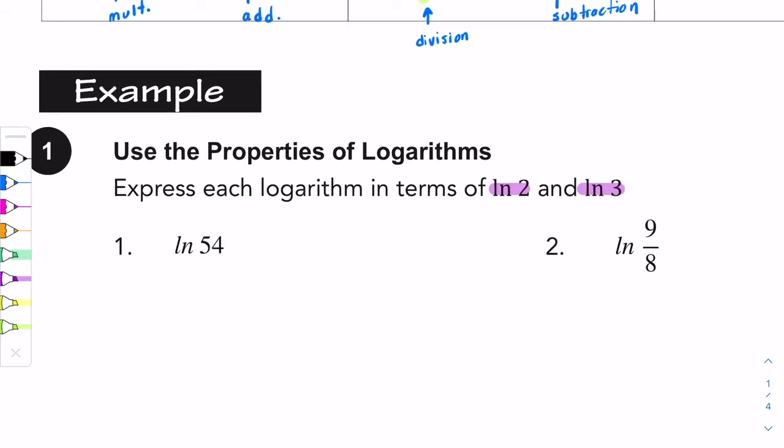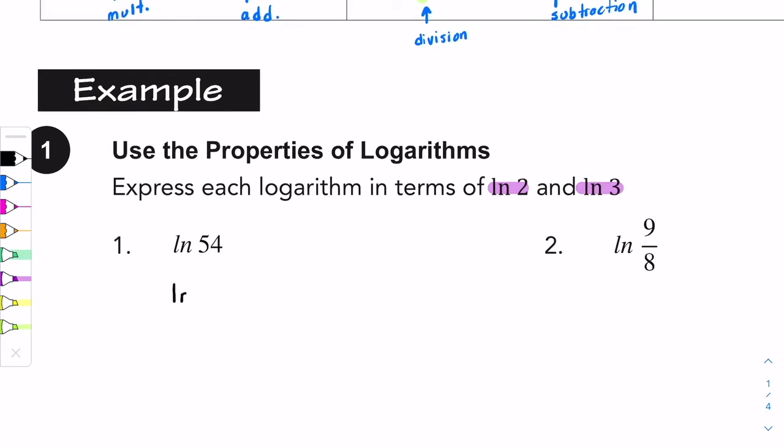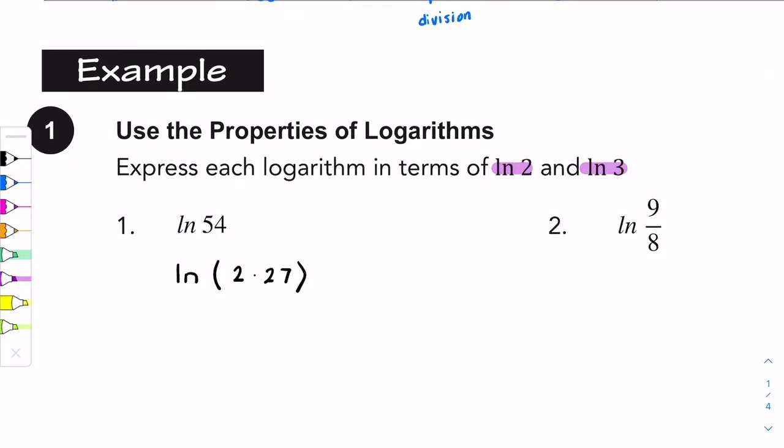So just to break this down to something to get us started, I'm going to break 54 down to 2 times 27. And from there, I'm going to recognize that 27 can actually go a little bit further, and we can write that as 3 cubed.